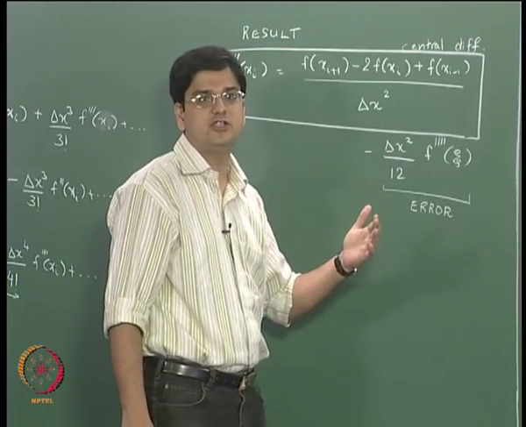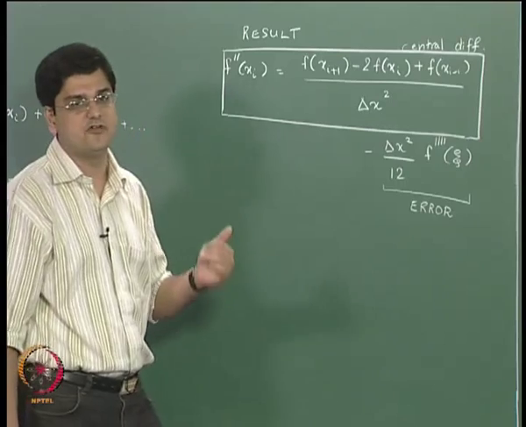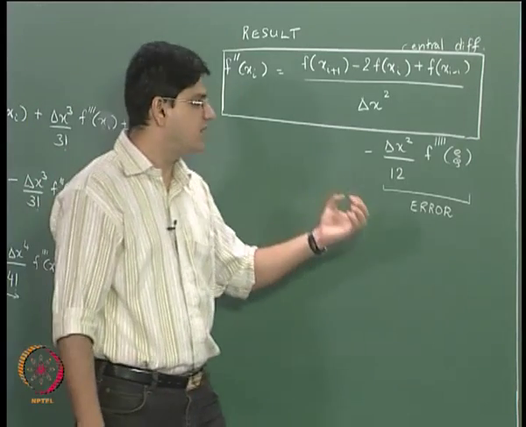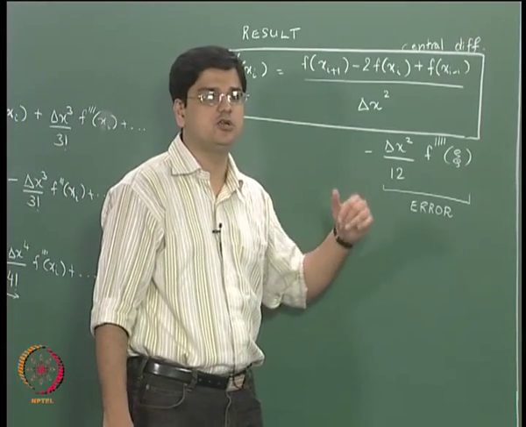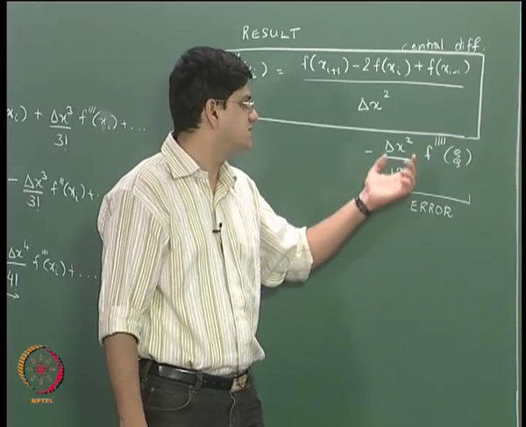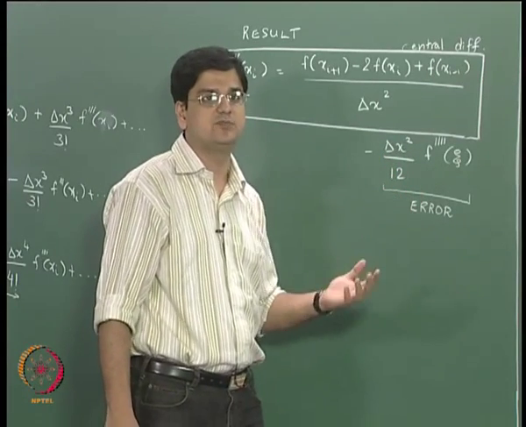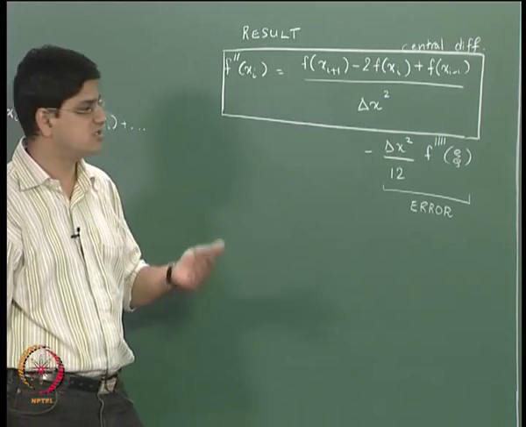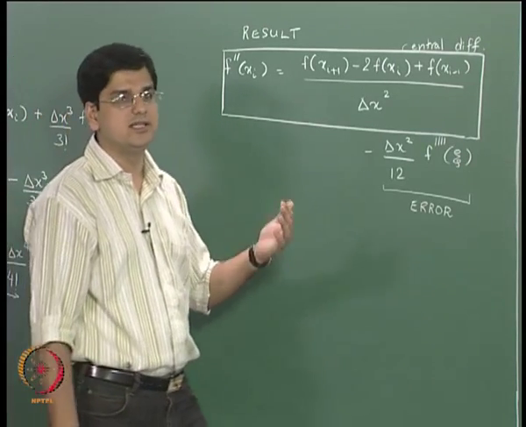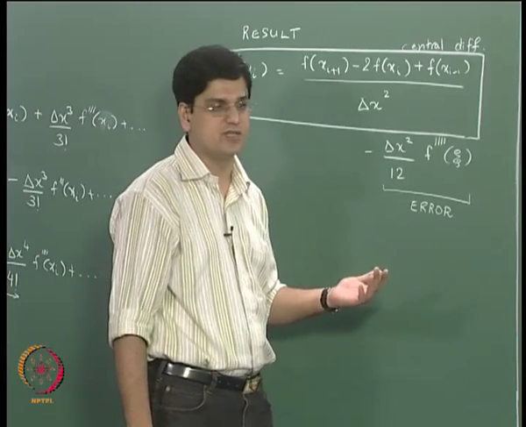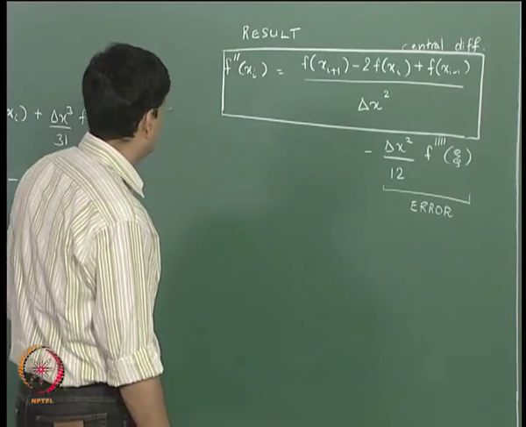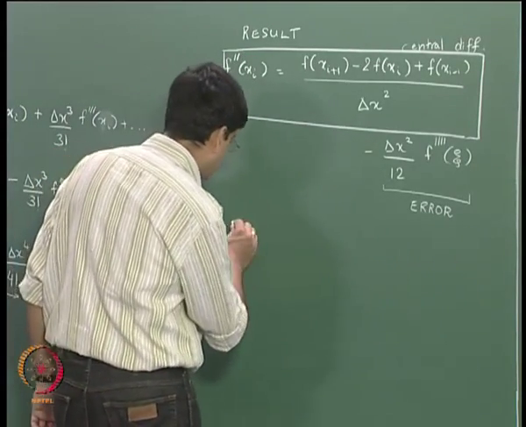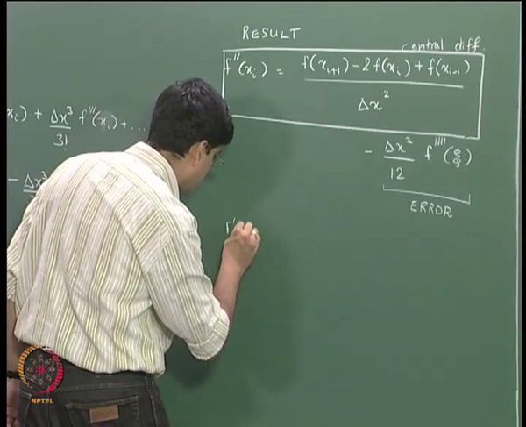In the forward or backward difference method for getting f dash, the error is directly proportional to delta x, whereas in the central difference method it is proportional to delta x squared. As a result, the central difference methods are more accurate than the forward or the backward difference methods.